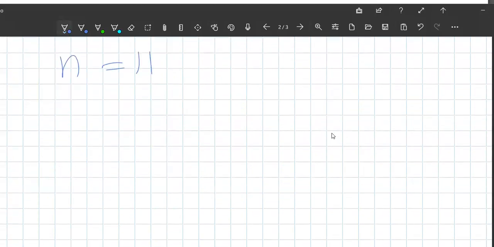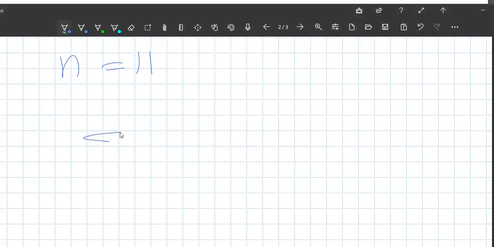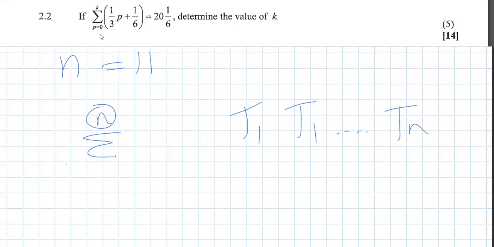Now we go back to the question, which asked us what is k, not what is n. So usually there'd be an n in that position where the k is, which represents the position of the last term. But in this case, we're subbing in values, and they didn't start on p equals 1.